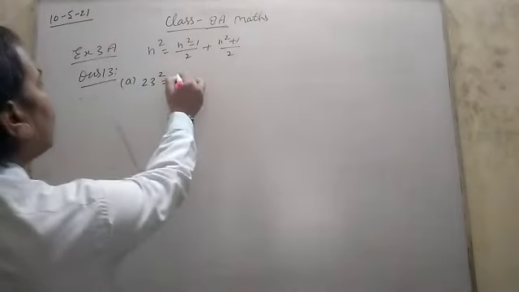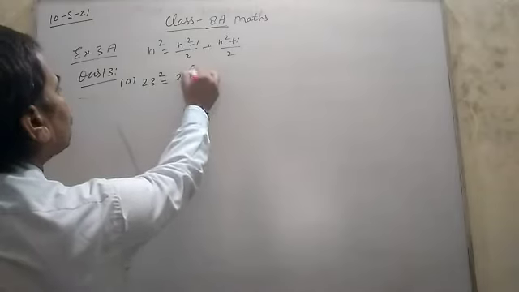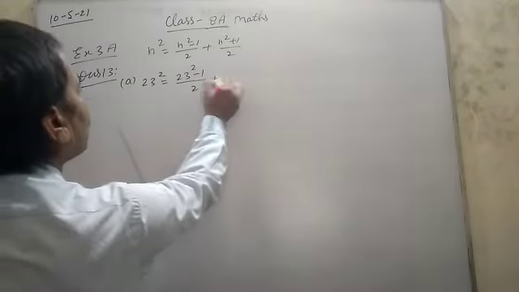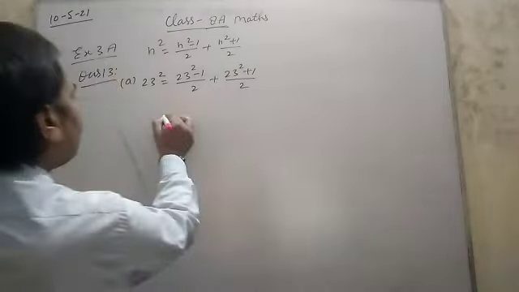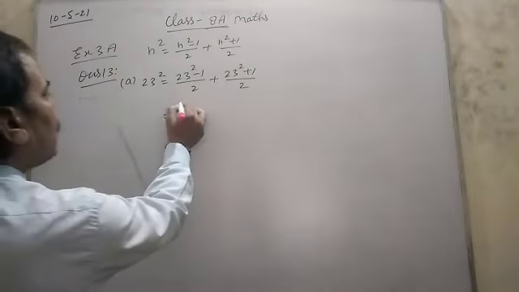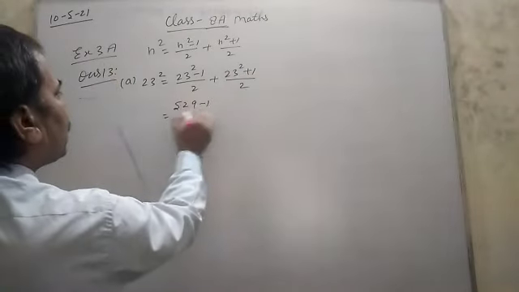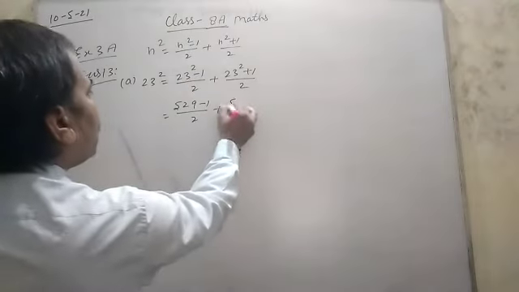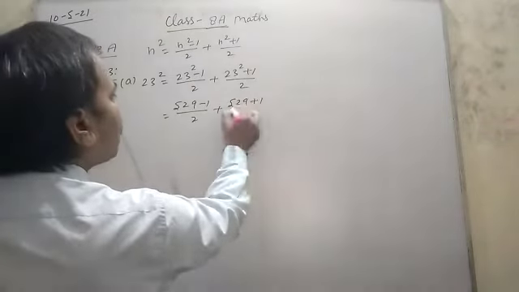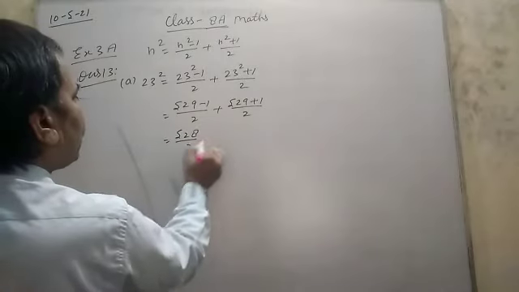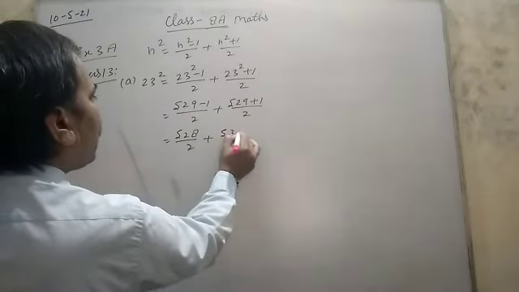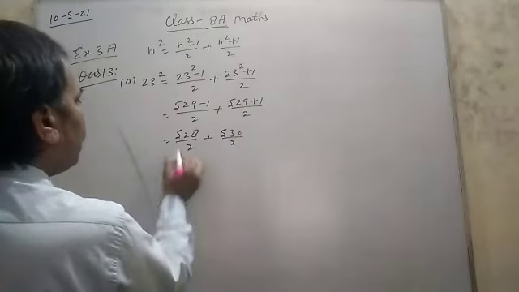So apply here. 23 square minus 1 upon 2 plus 23 square plus 1 upon 2. So 23 square is 529, so 529 minus 1 by 2 plus 529 plus 1 by 2. So 528 by 2 plus 530 by 2. Divide it.